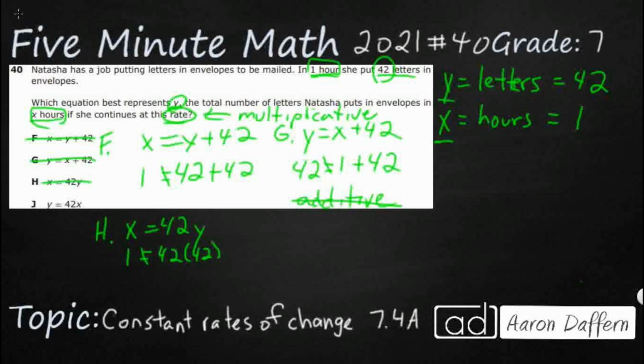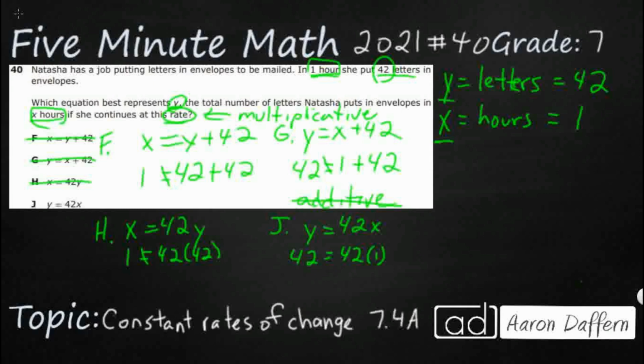Let us hope and pray it is J. So y equals 42x. And so let's see, our y is 42. We've got 42 times 1. Yes, so that works.